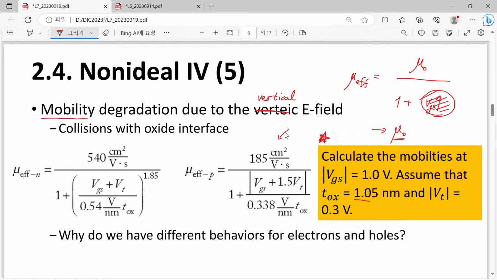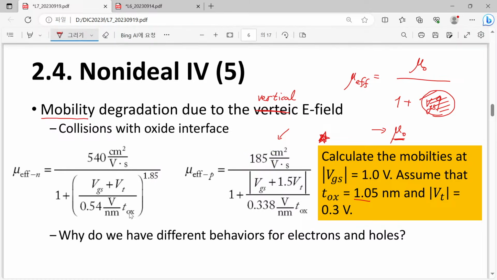Okay, so here you have oxide thickness effect here. This is electric field, and here we have oxide thickness. So when we multiply both of them, then we will have a certain voltage scale quantity, and here we have a voltage scale quantity. So voltage divided by voltage gives us a unitless quantity. So this is just a mere number.